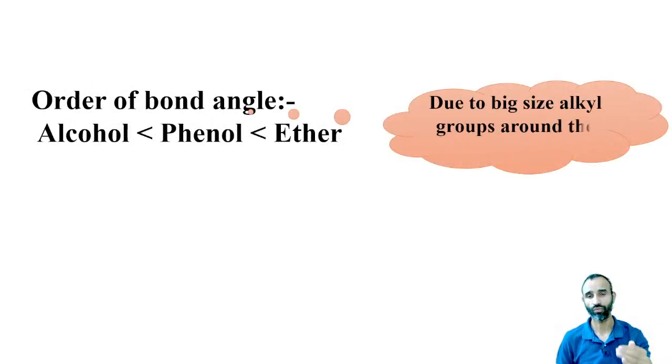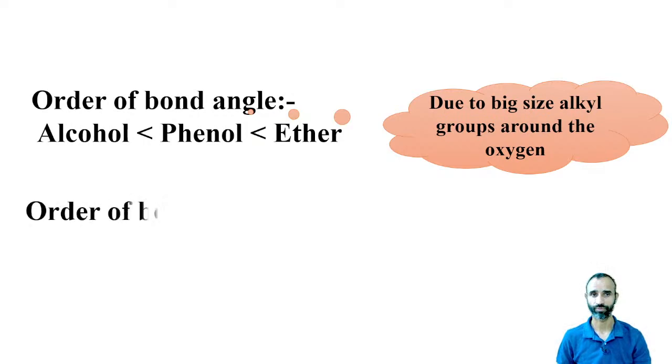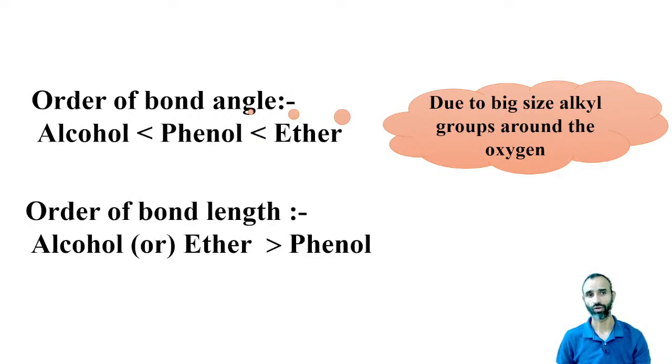Now, order of bond angle is alcohol will be the lowest, then phenol and then ether. So because of those alkyl groups around oxygen, in ether bond angle is maximum, more than tetrahedral. And order of bond length, alcohol and ether almost same, and that is greater than in phenol.